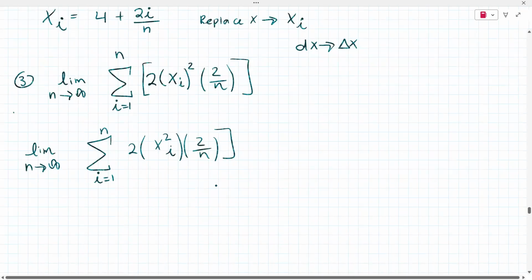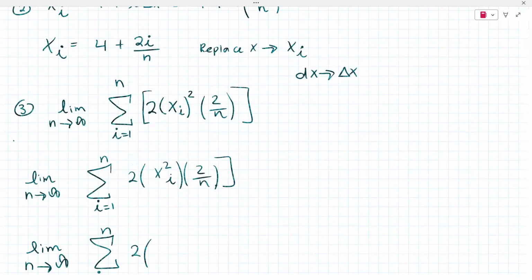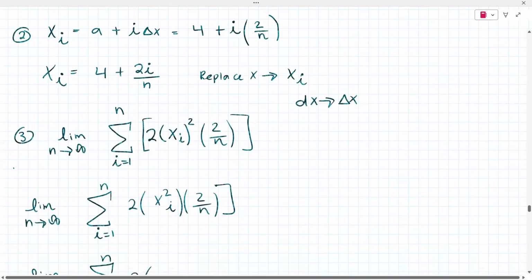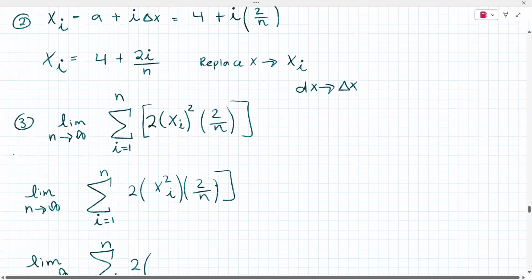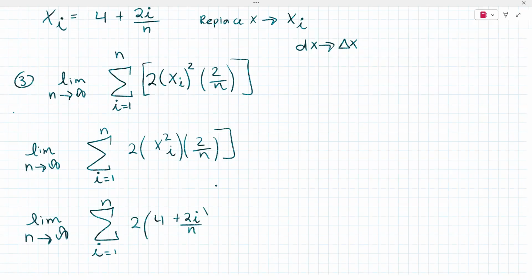And then that simplifies as xi is 4 plus 2i over n, times 2 over n.